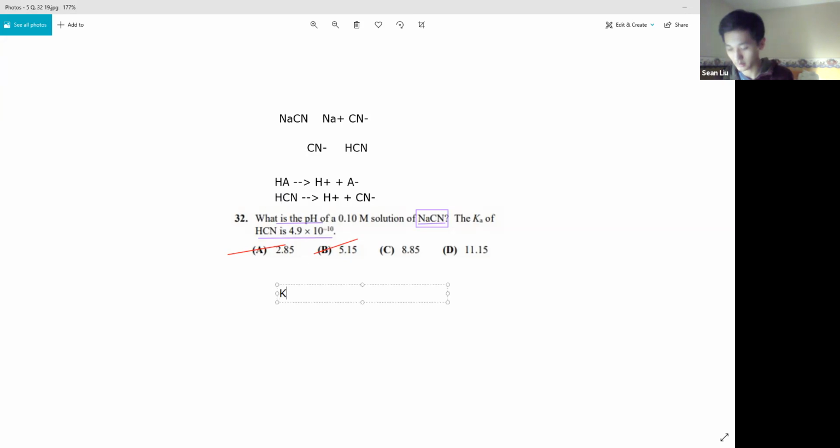So I'm going to then write Ka equals, draw a line. And remember, with these, products on the top, reactants on the bottom. All right, so can someone tell me that? What do I write first, starting with the numerator?